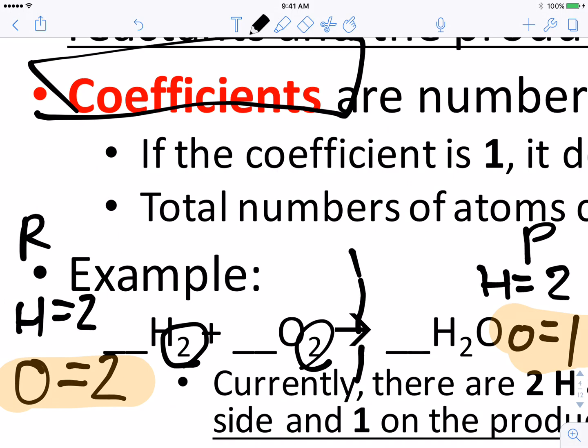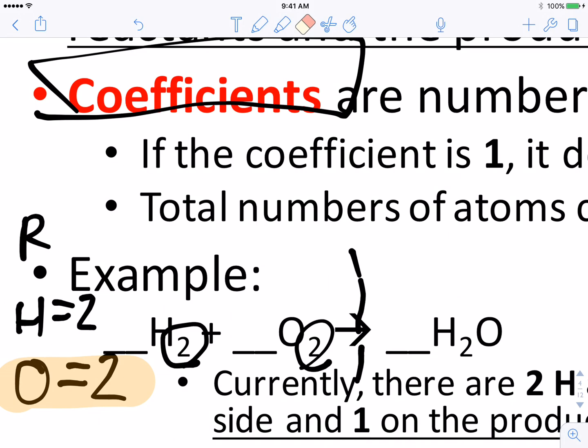The way we have to do that is we cannot add a subscript. You can't just put a 2 after this and say, okay, we're good, because you would have to make new bonds that you don't have available. So you cannot do that. What you can do is put a big number before it. So if we put a big 2 in front of it, let's make this red, that means, yes, now we do have 2 oxygens. But a coefficient applies to all atoms that it comes before.